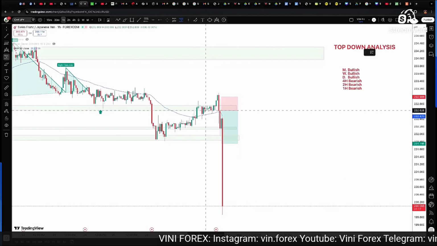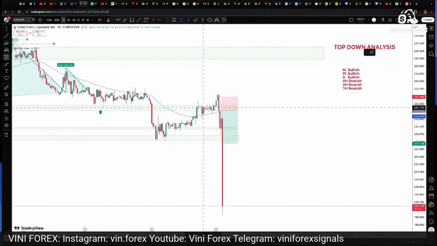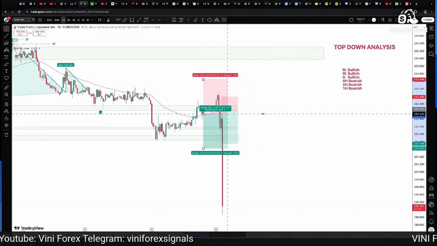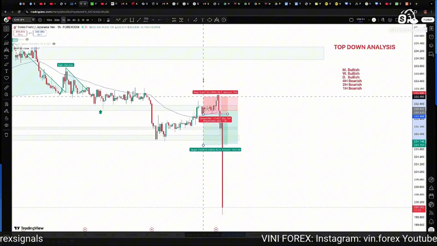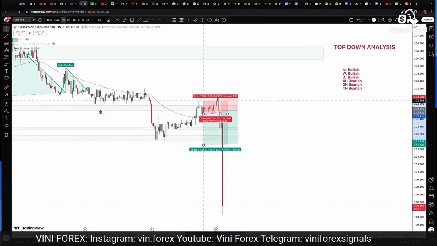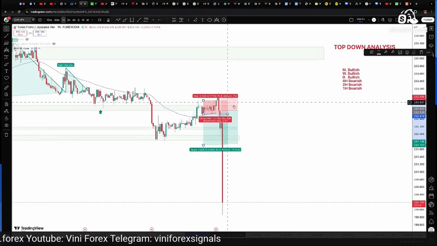You put your entry here, put your target, then put your stop loss. Oh my God, that's a lot of stop loss. It's even 48 pips. That's too much. Maybe 25, or let's say 30 pips, or 35. You see it?